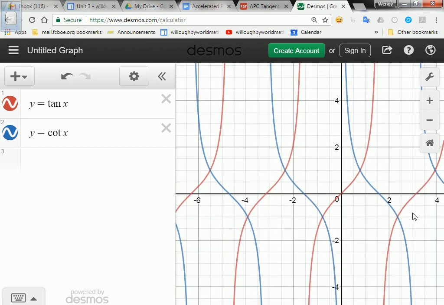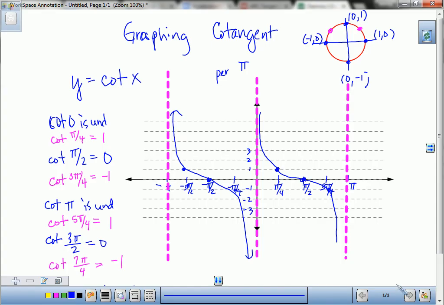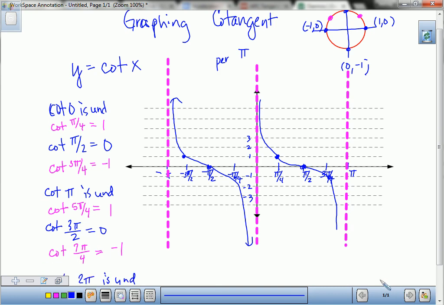But we can see how nicely those two graphs work together, and it would be better if we could count on the axis by radians. Let's go ahead and add, in a different color, y equals tangent of x, laid on top of this cotangent.